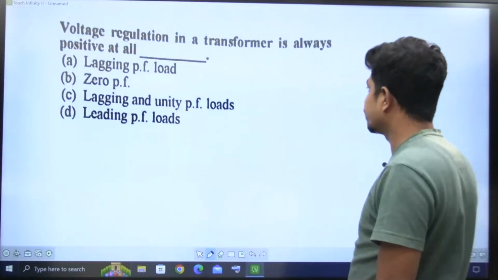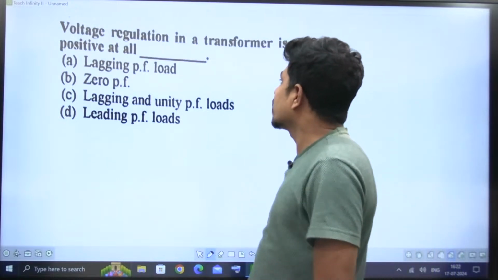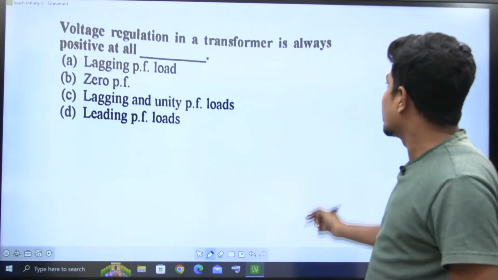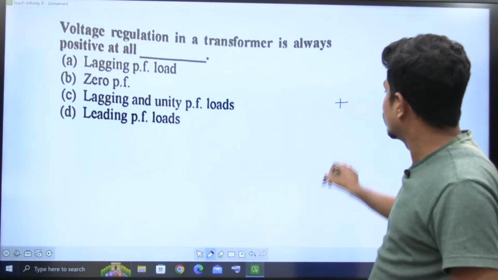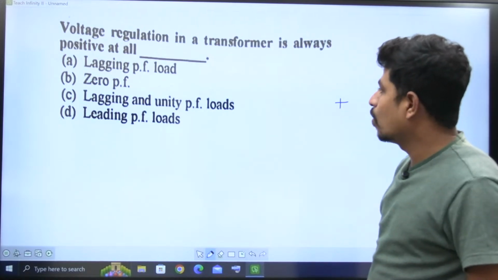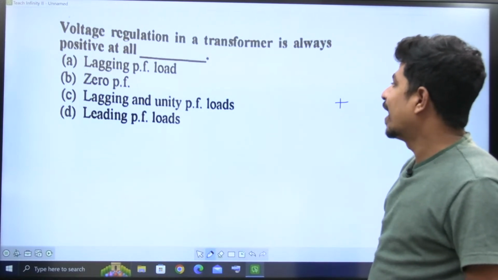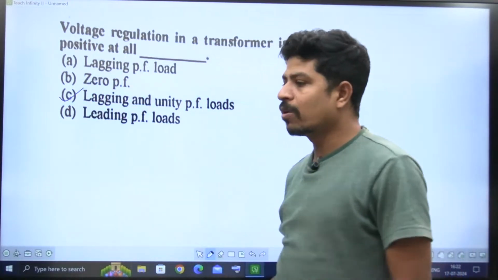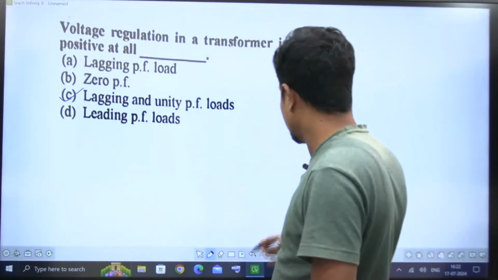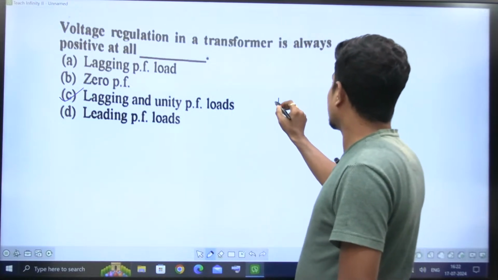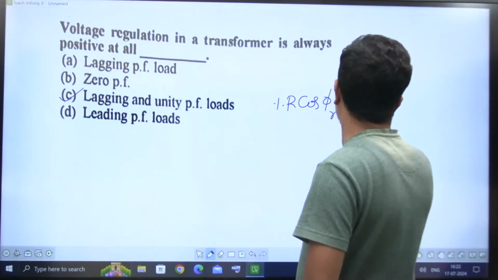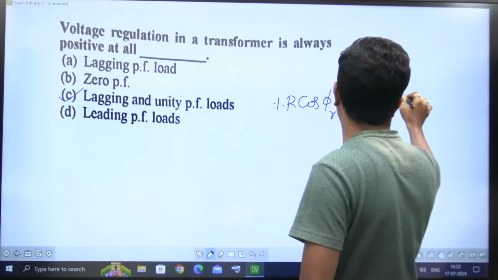Next question, please. Voltage regulation in a transformer is always positive, at all? See, for all lagging and unity power factor loads, it is going to be positive. Percentage r cos phi r plus percentage x sin phi r.